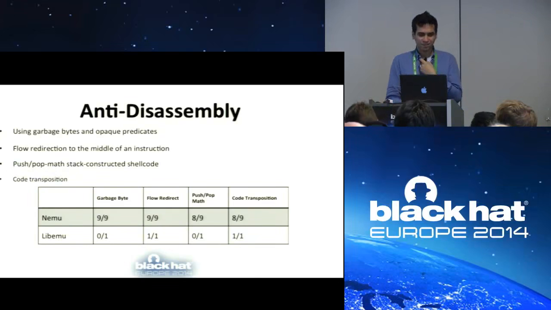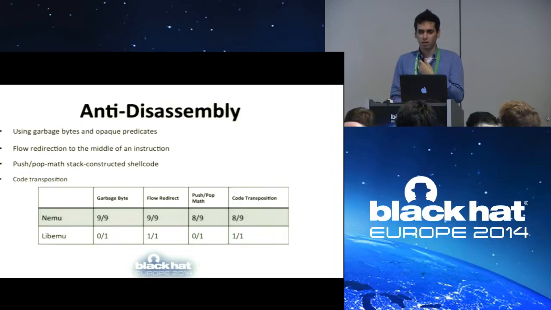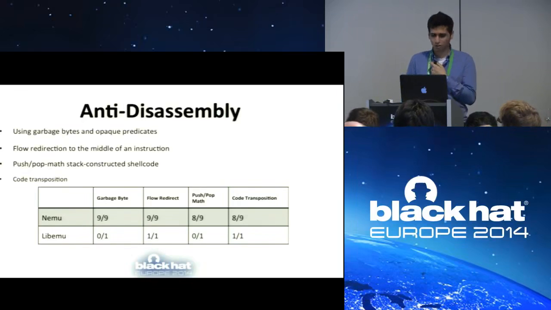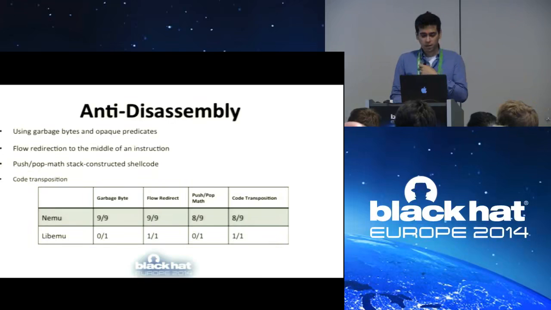So we designed four techniques for anti-disassembly, just trying to confuse the disassembler. Of the two test cases which we had, it was not very successful, as you can see. Most of them got detected by NEMU, and libemu could detect half of them, which was, for us, a failure, let's say.